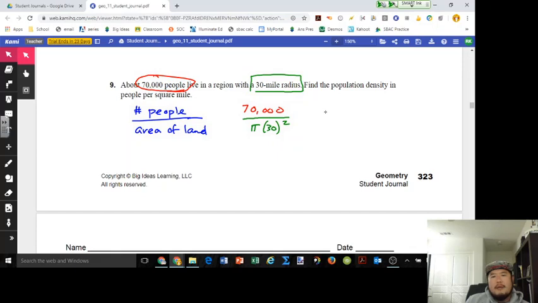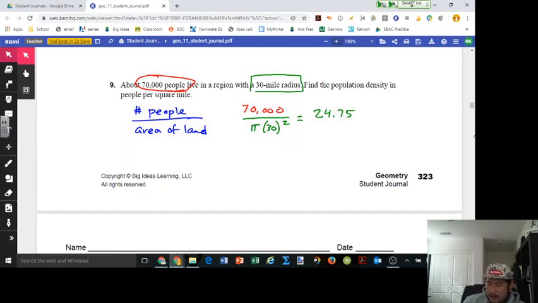So to find the population density, you can divide the two numbers, and you'll get approximately 24.75. Now, they say it's about 70,000 people, and they're going to ask how many people per square mile.